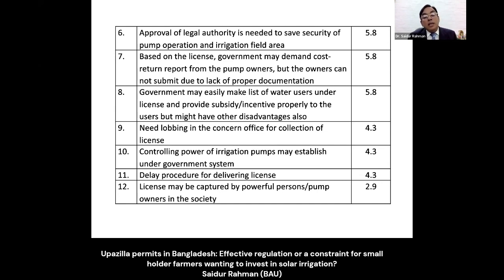In some cases, it might have some disadvantages. That is their thinking. And when they apply for this license, they thought a lot of lobbying is needed to get it, and it is some sort of controlling by the government at the farmers' level. And when they apply, they face a lot of delay in procedure due to this licensing. So these are the issues. Farmers think that some burden would be there if it were applied everywhere, in our case, Upazila permits.